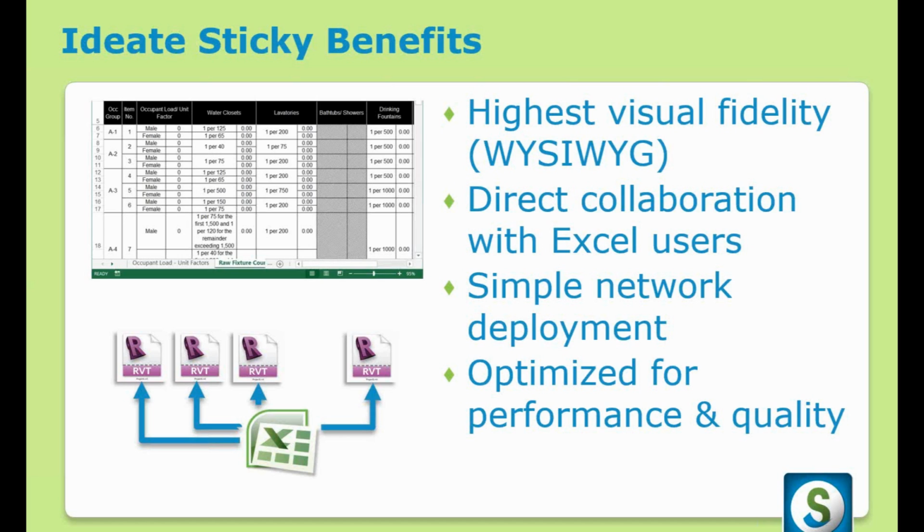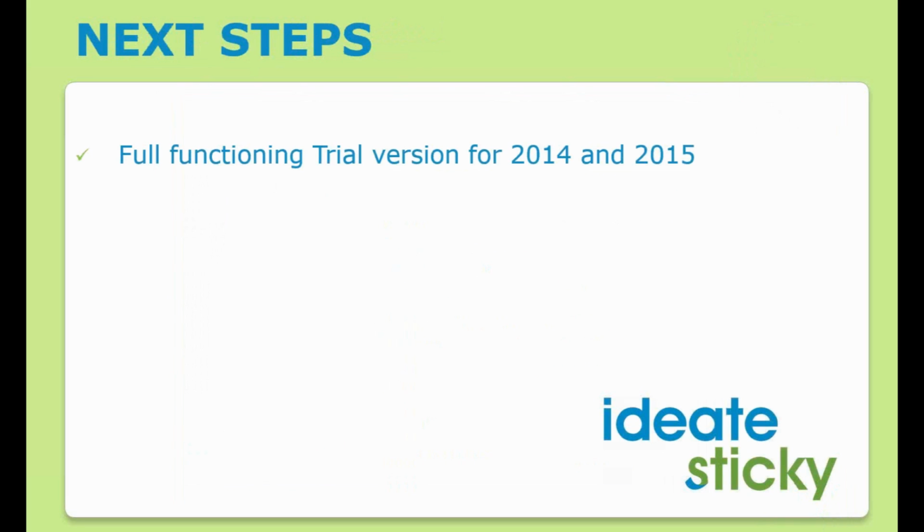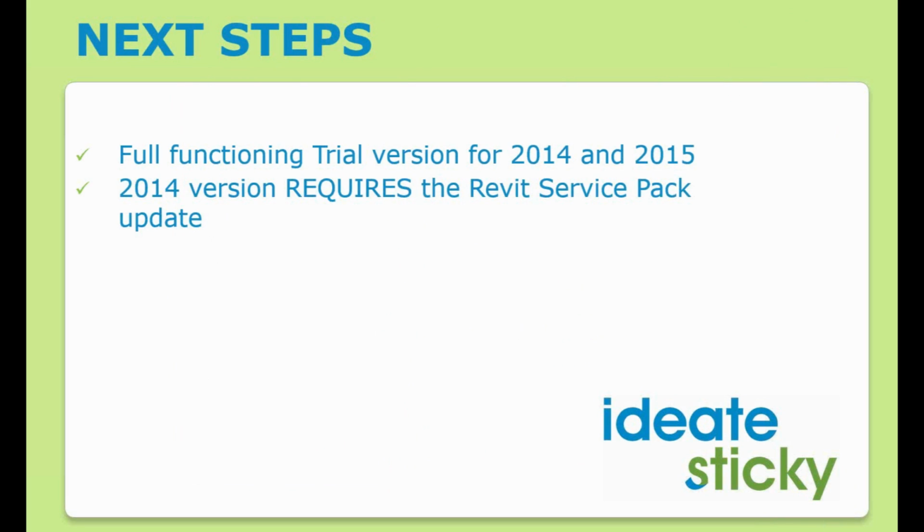If you'd like to learn more about Ideate Sticky, we have pretty extensive help files. They can be found online, and they include a lot of how-to topics, and as I showed you here, some sample files that you might want to get started. You can download our trial version.